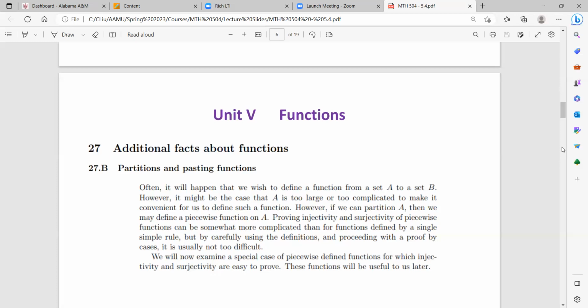That's actually the piecewise defined functions we talked about before. Then the properties related to injectivity and surjectivity of piecewise functions can be handled by considering each piece, or case by case, although it's a little tedious sometimes. It's still not very difficult. All right.